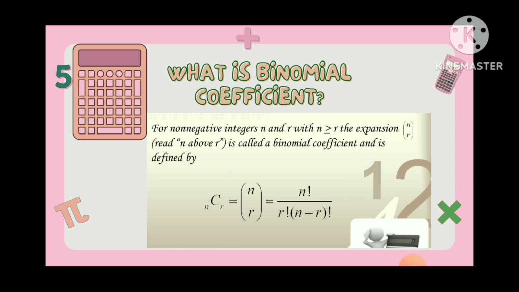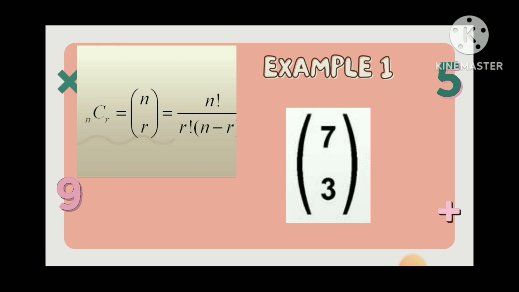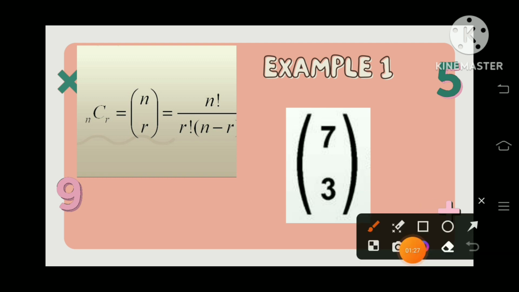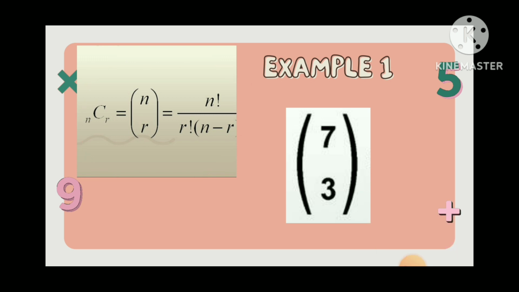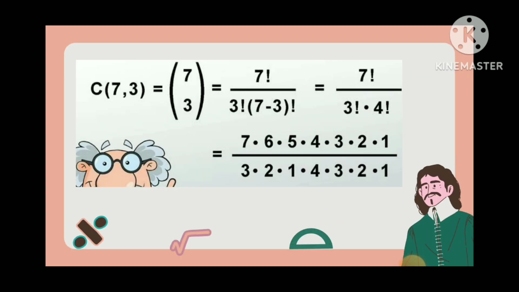Let's have an example. 7 choose 3. Let's use this formula to calculate this one. Just mere substitution.